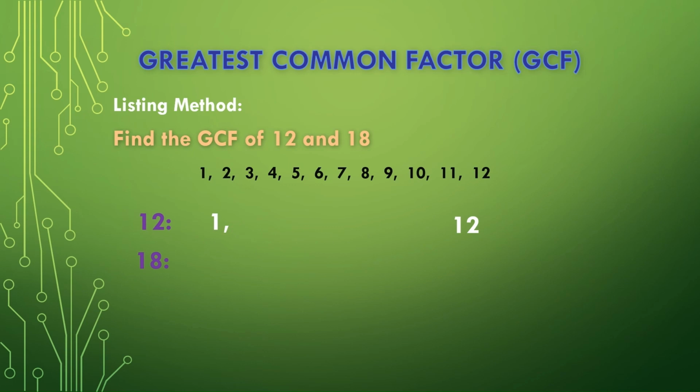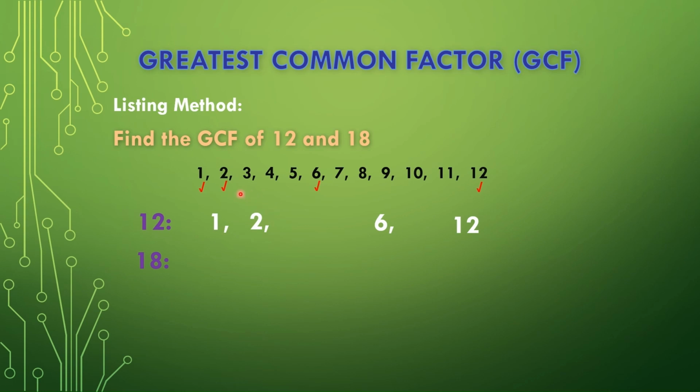Let's put a check below 1 and 12 just to account that we are done with them. Next is 2. 12 divided by 2 is equal to 6. So 2 and 6 are also factors of 12. So let's list down 2 and 6. Let's check 2 and 6.